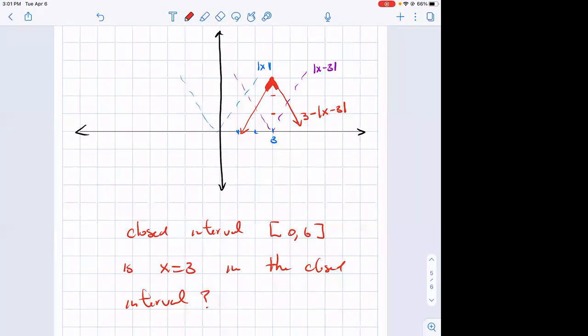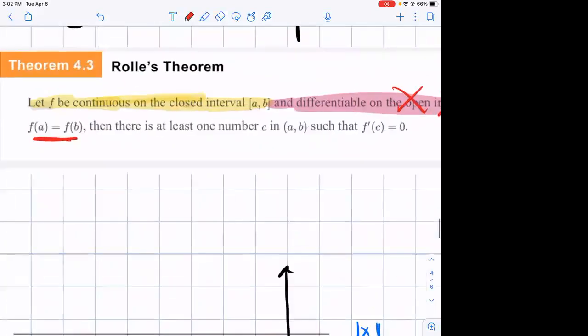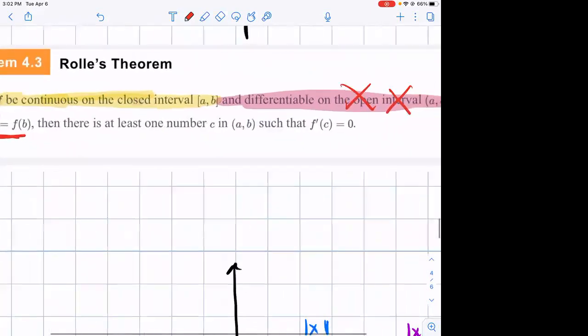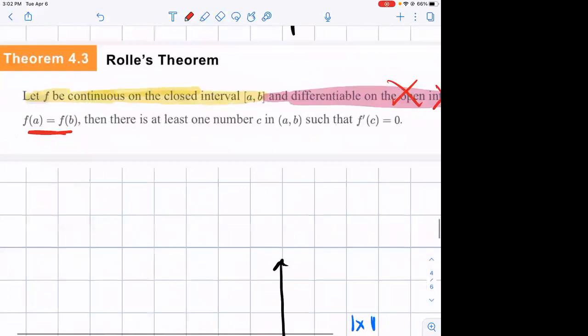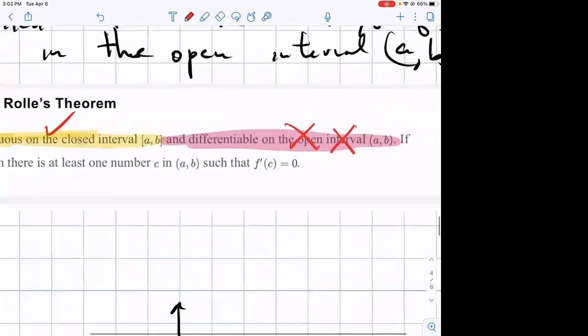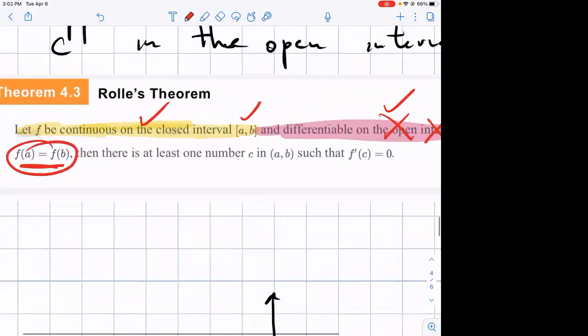There are at least 4 things you have to check, right? It has to be continuous, has to be in a closed interval, has to be differentiable on the open interval. And then, if those 3 hold, f of A has to be equal to f of B. Maybe some of these are going to be satisfied, and when you do this one here, maybe it's not going to be satisfied. So it all depends on the function.